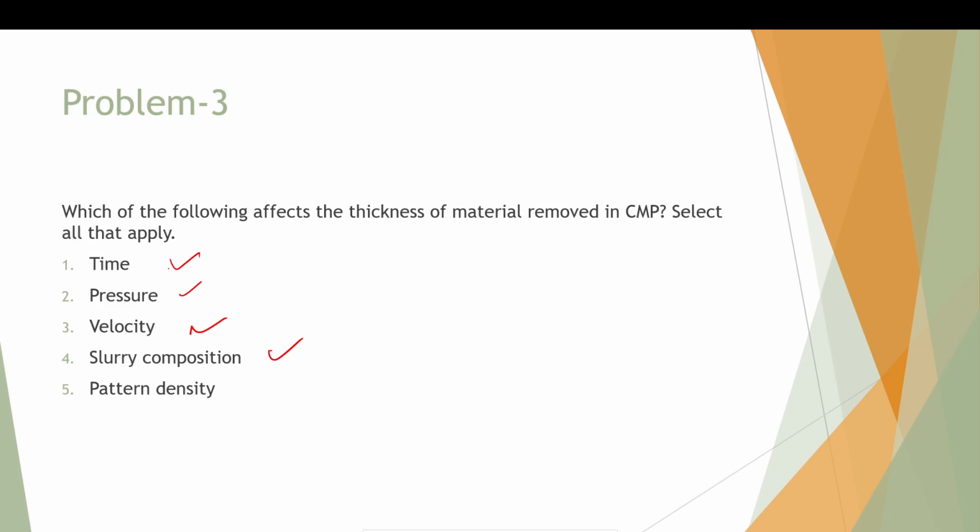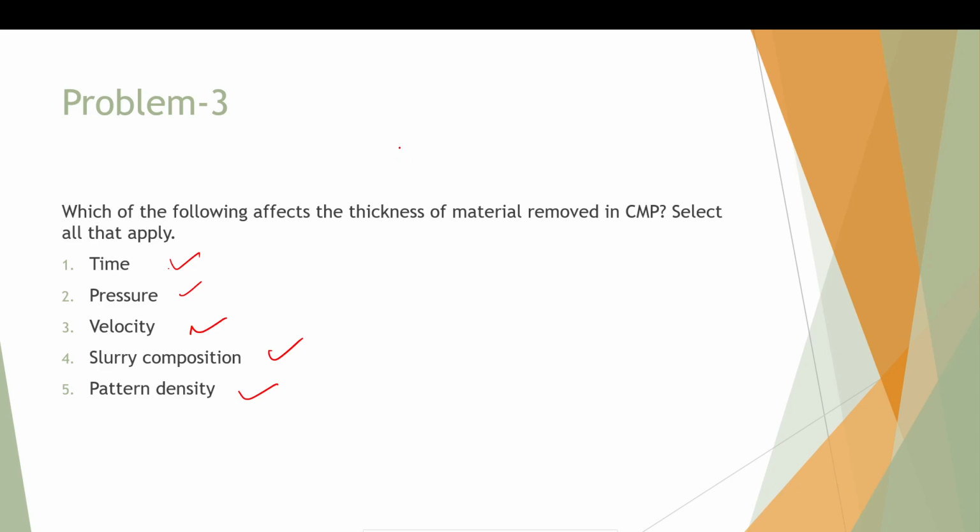Pattern density is also a factor for the thickness of material, because the denser the pattern, the more thickness will be removed. It depends on the topography as well. Yes, you are right.